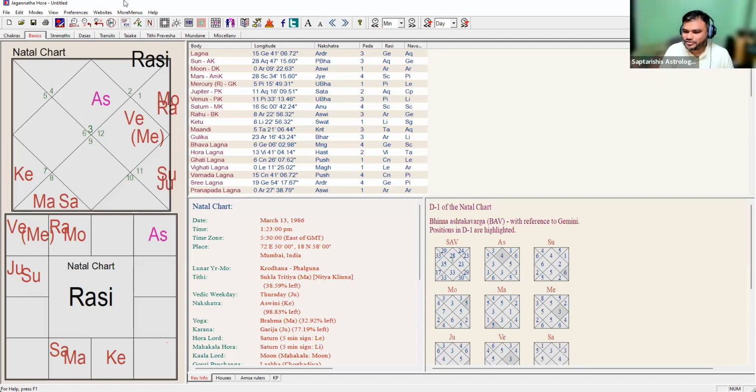Hora of Trimshamsha means D60 only, half plus 130. It means again I'm reaching D60 only, but that D60 will reflect my response from the D2 chart. Like this, you can derive D60 from any part of your chart.